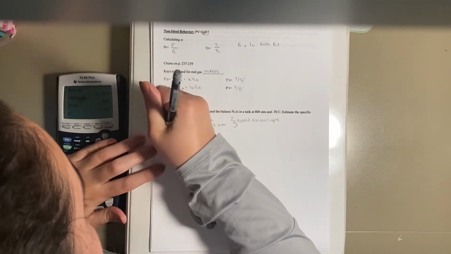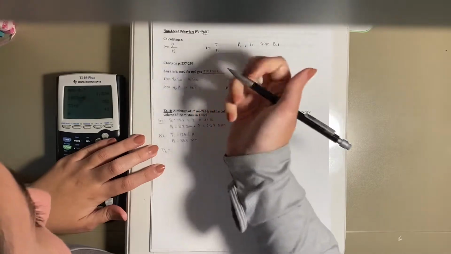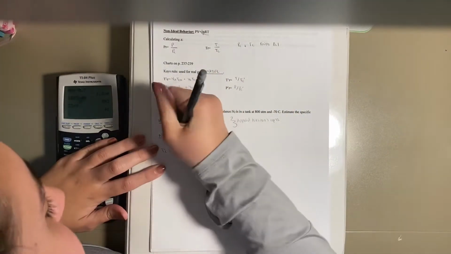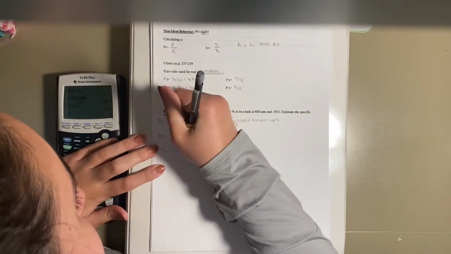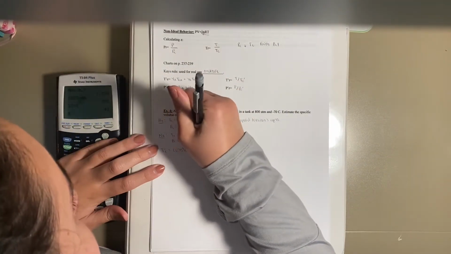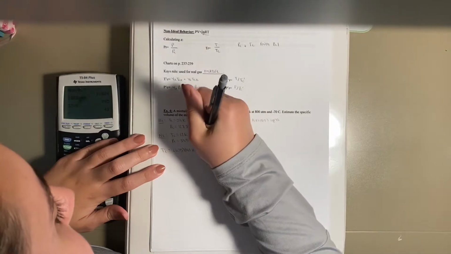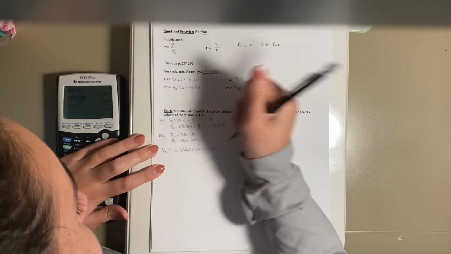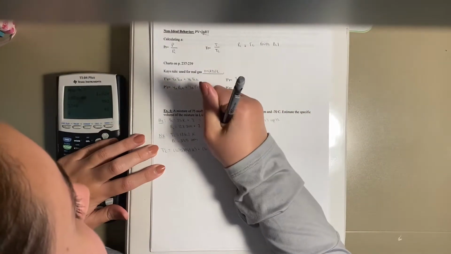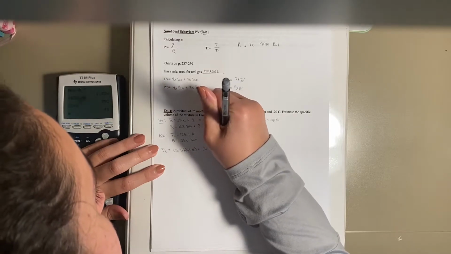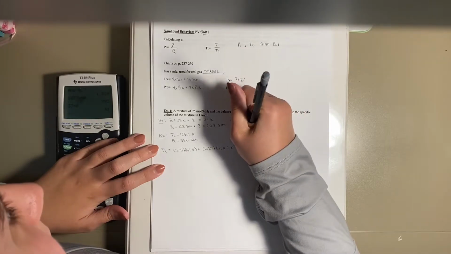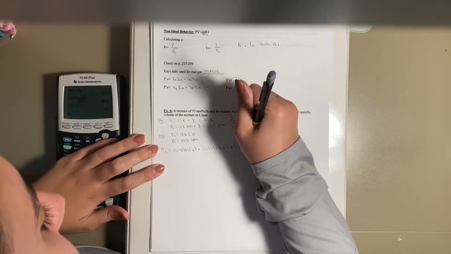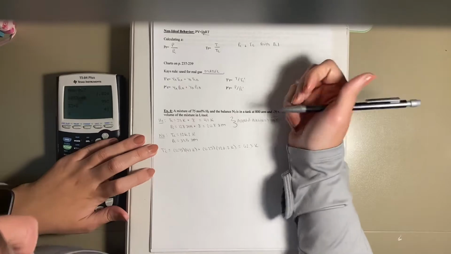So Tc is equal to the mole fraction of hydrogen, 0.75, times hydrogen's critical temperature, 41 Kelvin, plus 0.25, the mole fraction of nitrogen, times 126.2 Kelvin, and that gives us a critical temperature of 62.3 Kelvin.